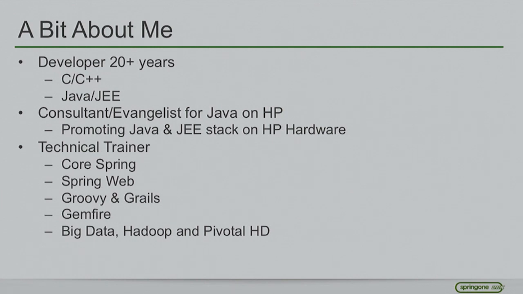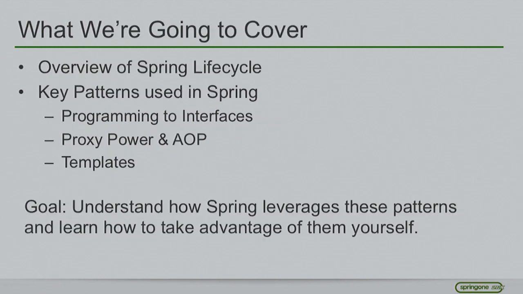That was a number of years ago. Back in development again, doing Spring-based development, and then more recently as a technical trainer for VMware and now Pivotal. Some of the classes that I teach are Core Spring, Spring Web, Groovy and Grails, Gemfire, and one of our new classes, a Big Data, Hadoop, and Pivotal HD class. That one's on its way out. We'll have it ready to go publicly in the next month or so.